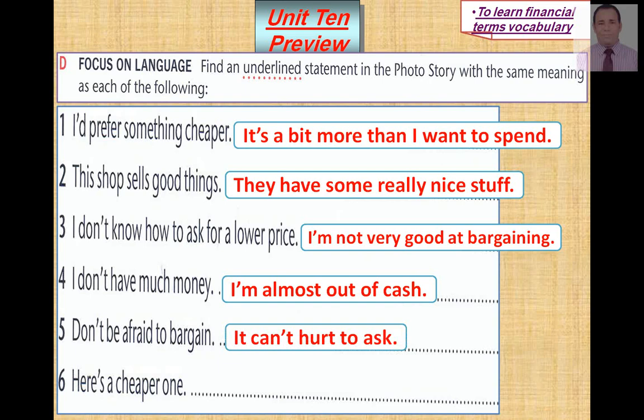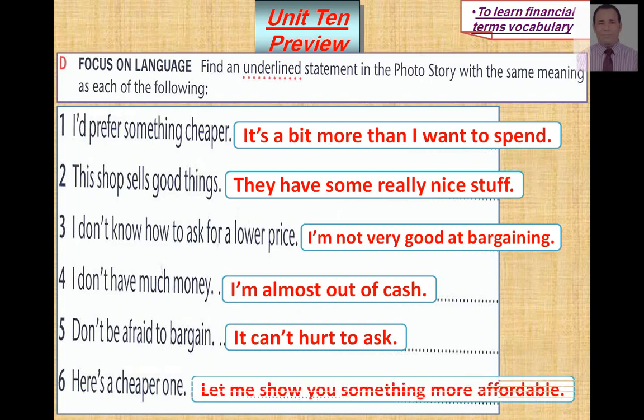Don't be afraid to bargain. It means it can't hurt to ask, or it's not bothering us to ask about the price, and we can ask for a lower price too. We can bargain. That's the meaning.